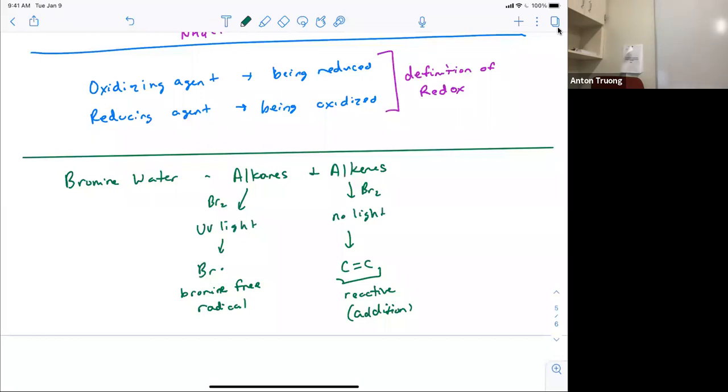Understanding why they're different allows you to understand how you use it to differentiate. The alkane undergoes free radical substitution. The alkene undergoes electrophilic addition. Questions about that?